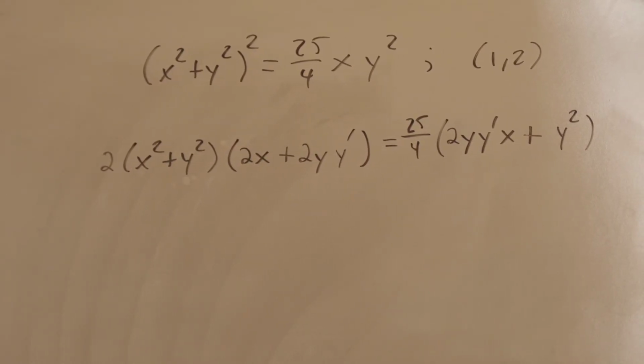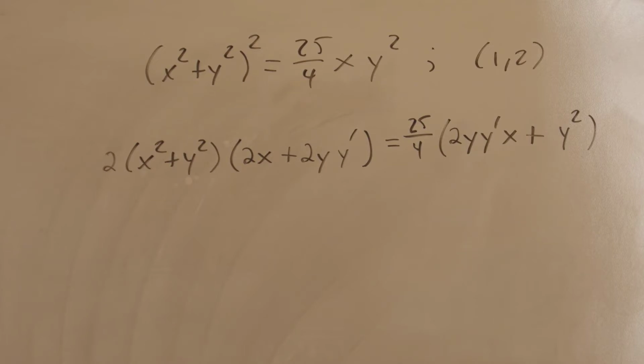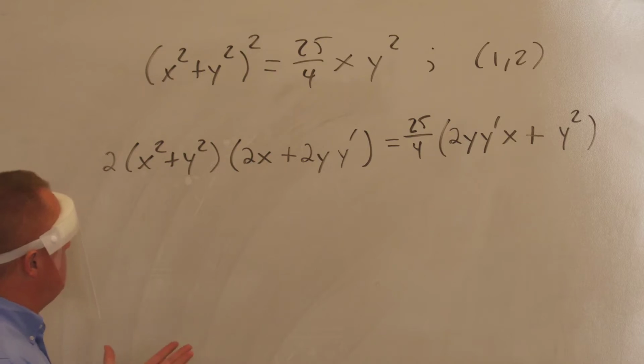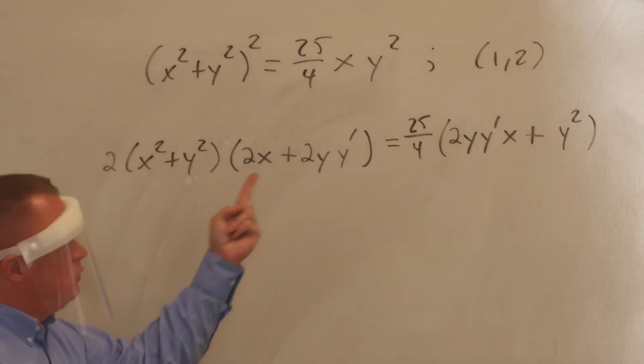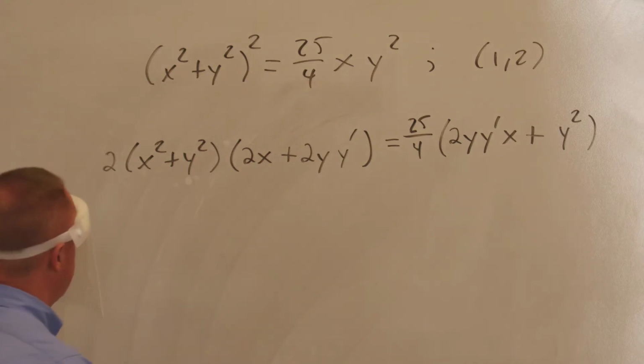Again, you've got to practice that and practice following the rules. I would not algebraically worry about solving this. Just plug in (1, 2). You've got simple numbers, so let's plug it in.